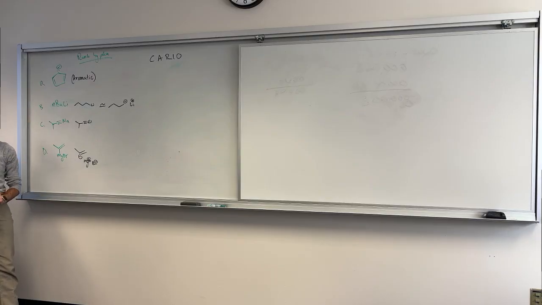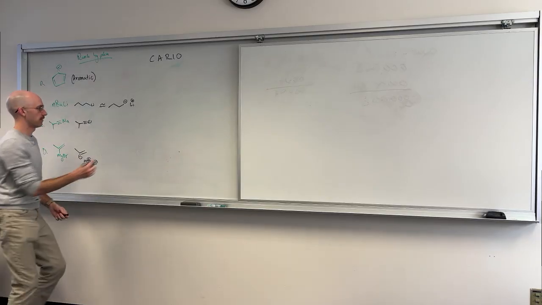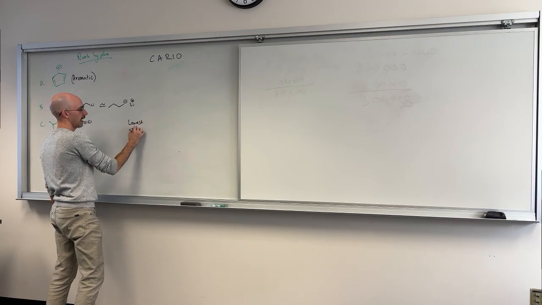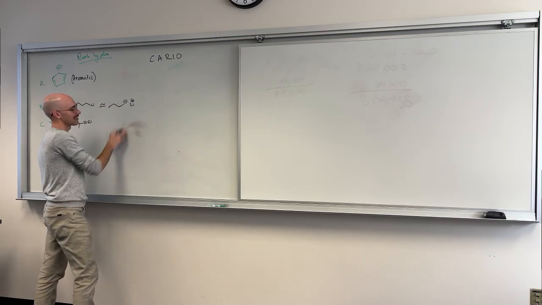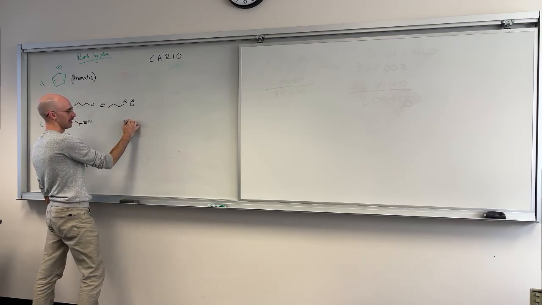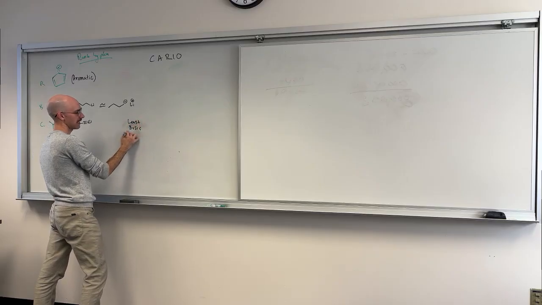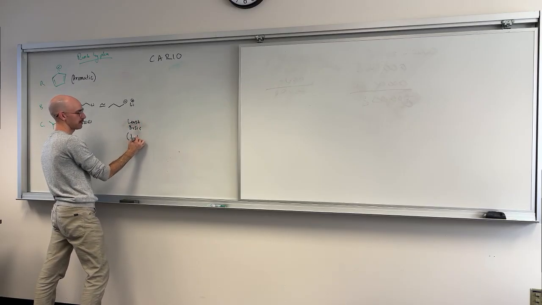So what do you think? What is the compound with the lowest pKa? You know what? I'm gonna say the least basic, and that is to say it has the most negative pKa.